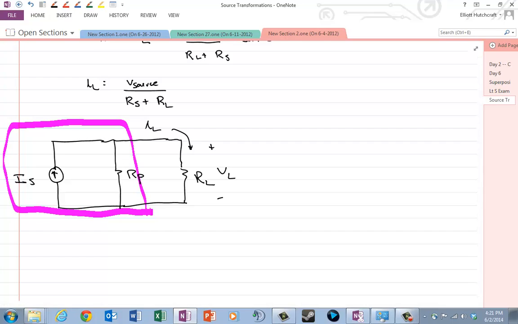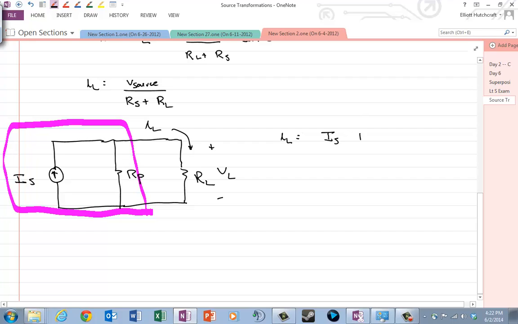Well, okay, if we want to solve for, and maybe I should say again, what is the point of this? We want these two sources to deliver the same voltage and current to the load. If they deliver the same current and voltage to the load, then what can we say about the two sources? We can say they're the same, or they're equivalent. So that's what we're trying to do. And so IL in this case is going to be the total current IS using current divider law.